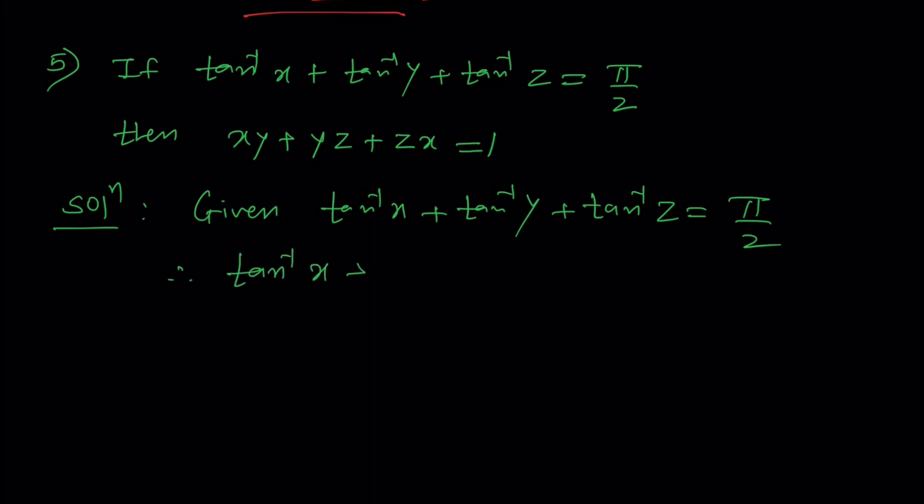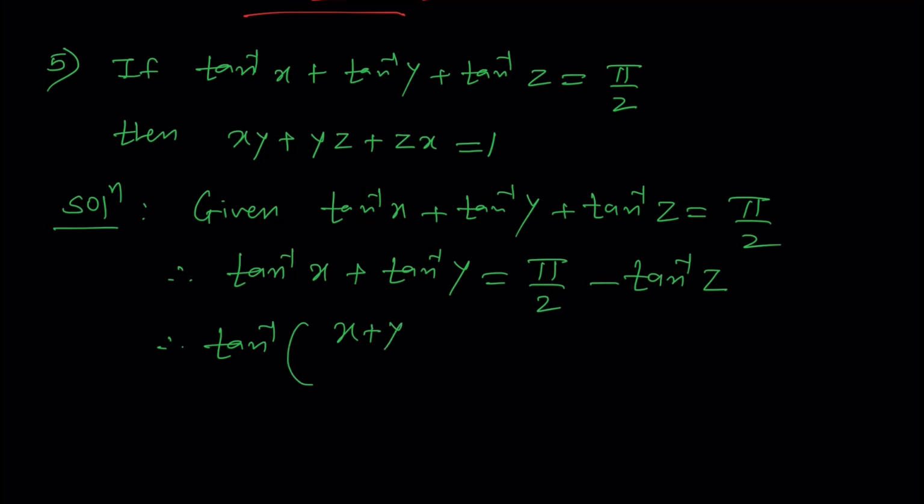Therefore, tan inverse x plus tan inverse y is equal to pi by 2 minus tan inverse of z. Now, assuming that x into y is less than 1, we can write this as tan inverse of x plus y upon 1 minus xy is equal to pi by 2 minus tan inverse of z.